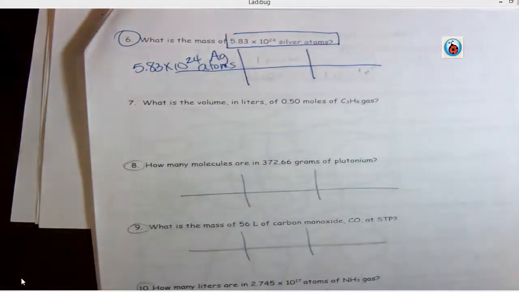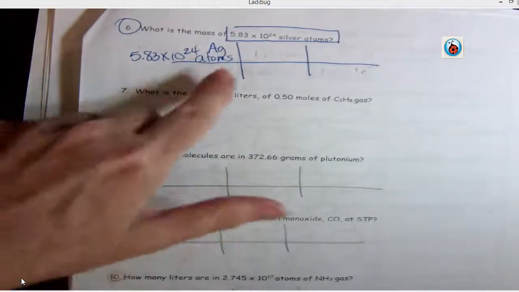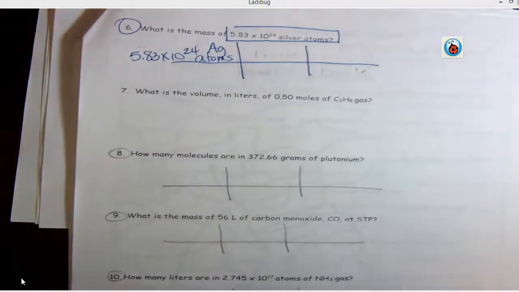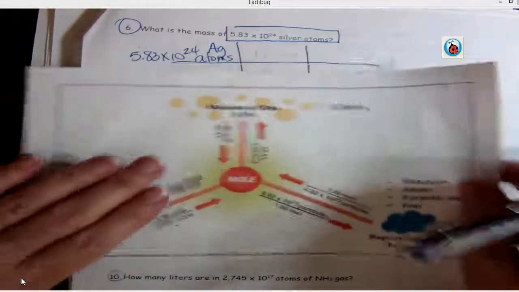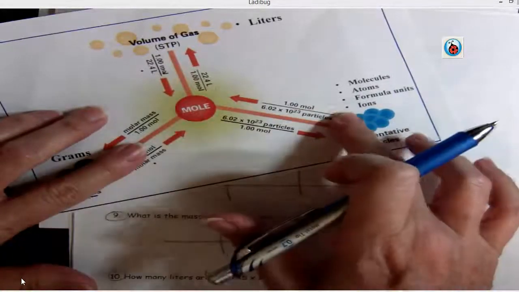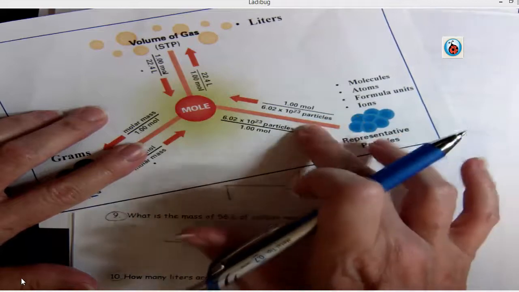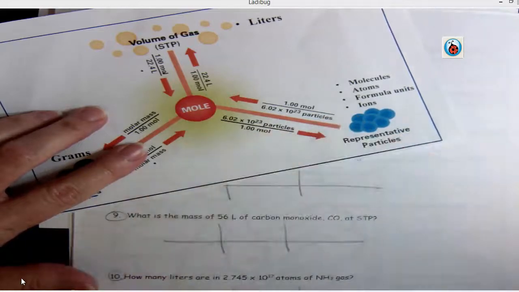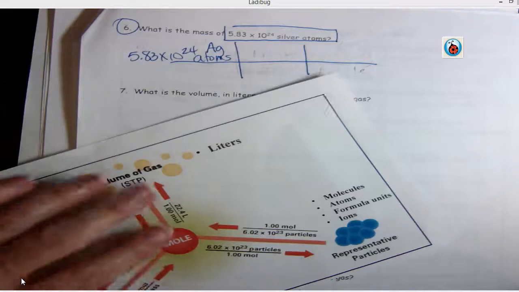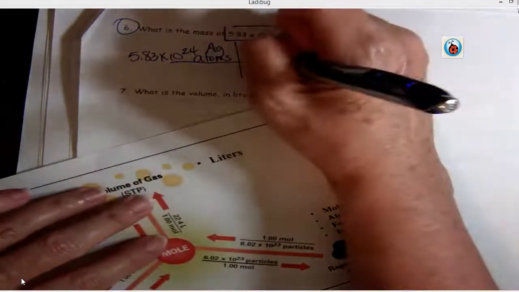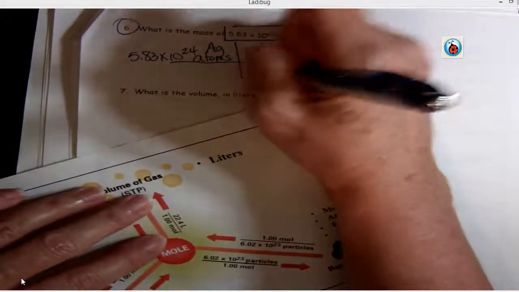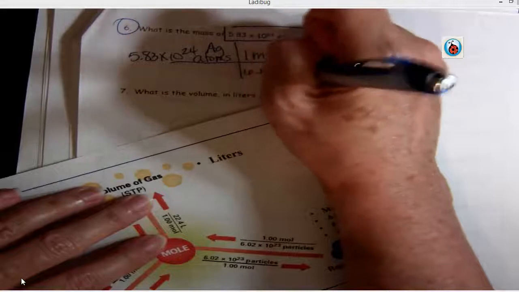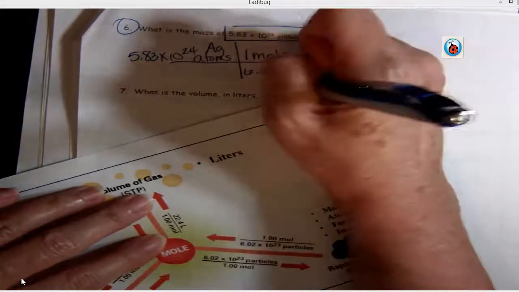All right, so first conversion we want to make, because we're over here at atoms, is we want to get atoms to moles. So I'm going to put 1 mole on the top and Avogadro's on the bottom. That's exactly what I'm writing here: 1 mole over 6.02 times 10 to the 23rd what?